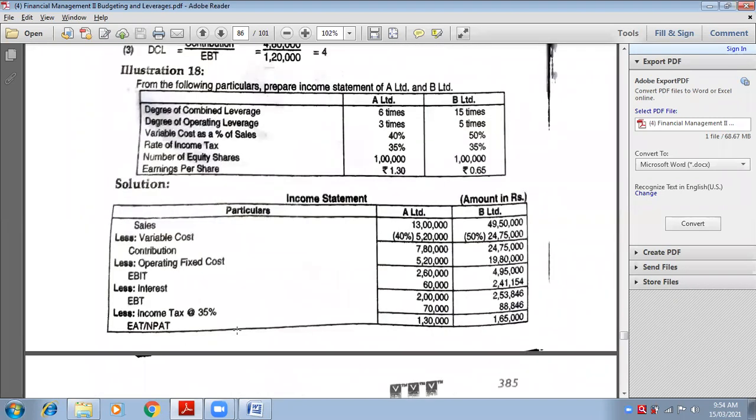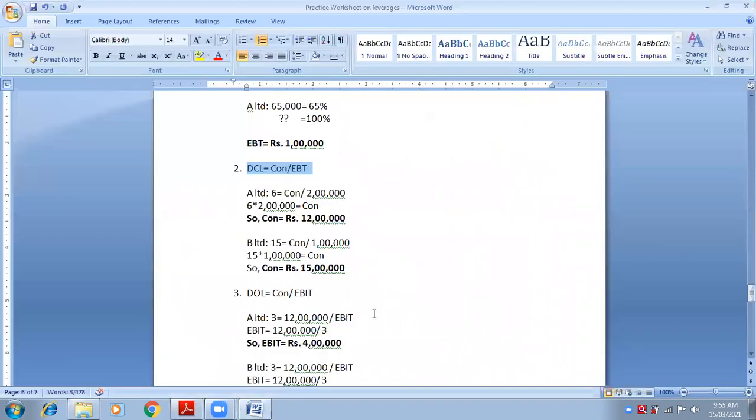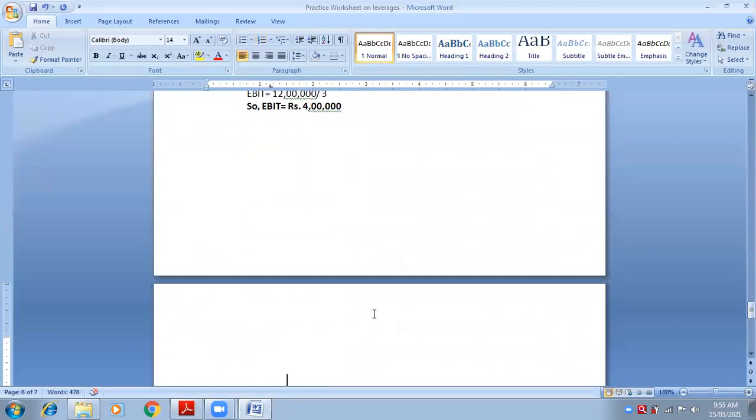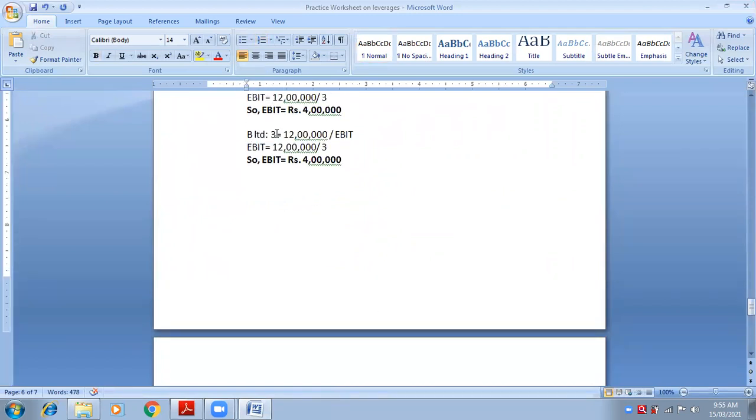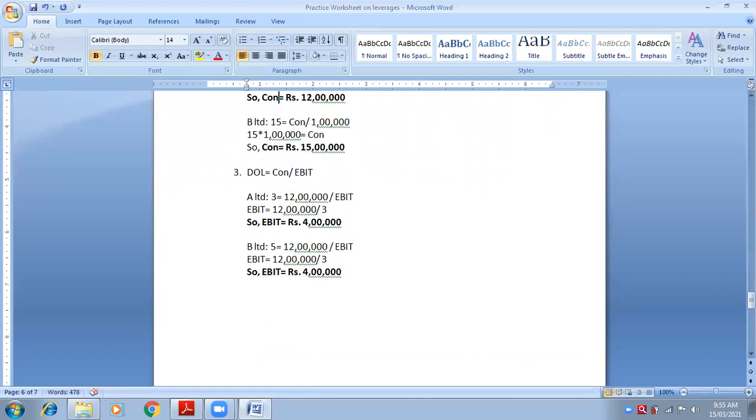So what is DOL of B Limited? 5 times, right? So here we will write 5. And what is contribution of B Limited? 15 lakhs.